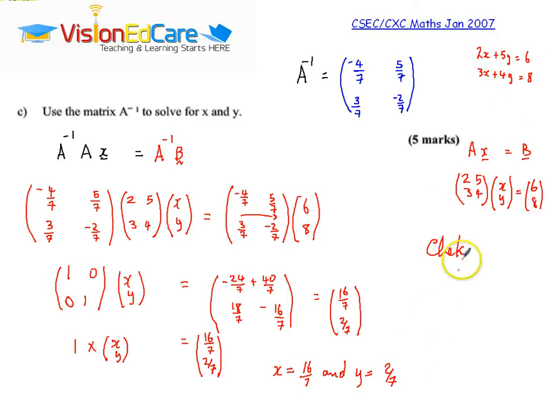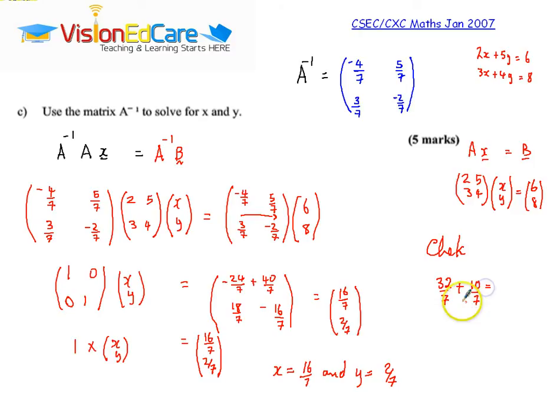So 2 times 16 over 7, that's 32 over 7, plus 5 times 2 over 7, that's 10 over 7.